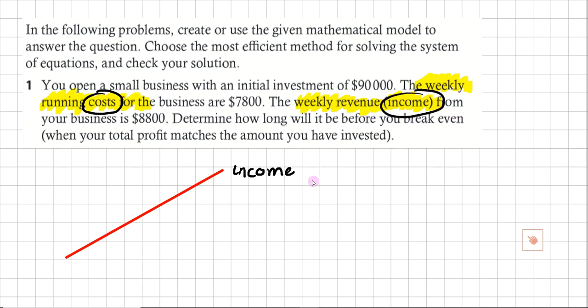Costs, income. So our total income every week will gradually go up, yeah? I get 8,800 every week. But what can be said about my costs? They go up as well, no? Are they going up as quickly as my income? No. Okay, so do we think something like my costs might be more like that? Yeah.